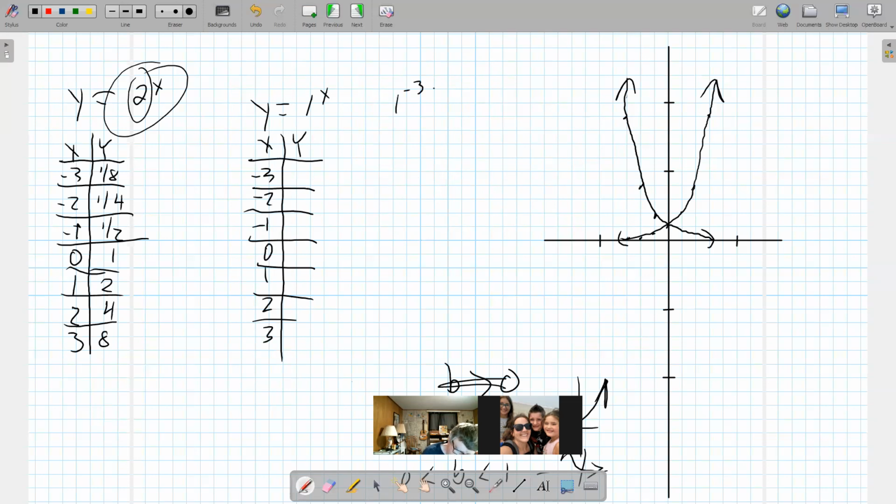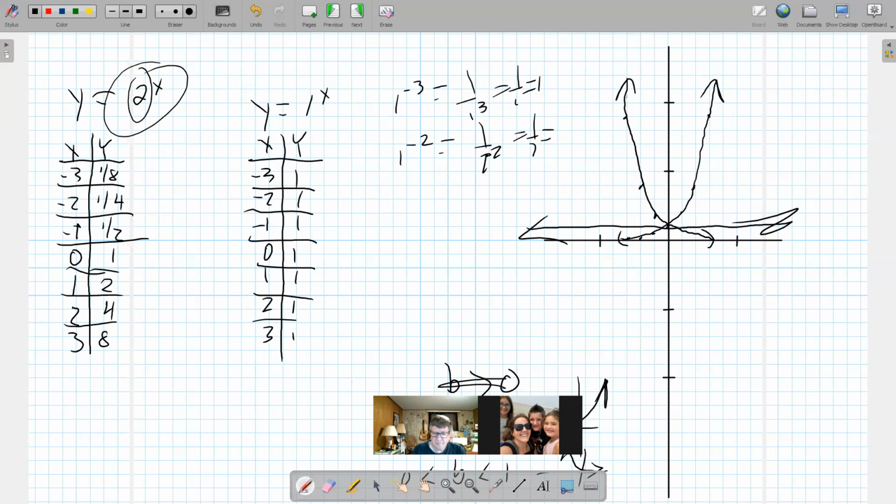Well, what's 1 to the -3 power? It's 1 over 1 cubed, which is 1/1, which is 1. What's 1 to the -2 power? It's 1 over 1 to the 2 power, which is 1/1, which is 1. And we're going to see that we get this, which would just be a constant function, a constant equation. That doesn't behave like the rest of those things. So let's go back here.